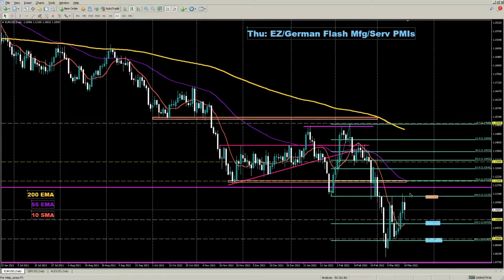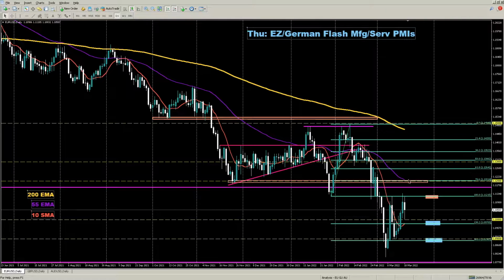If it does try to break out slightly higher, there's still the significant resistance down here, and another previous swing low, with the daily 55 EMA coming down as well, along with the round figure 112 and the 78.6 fib retracement area.